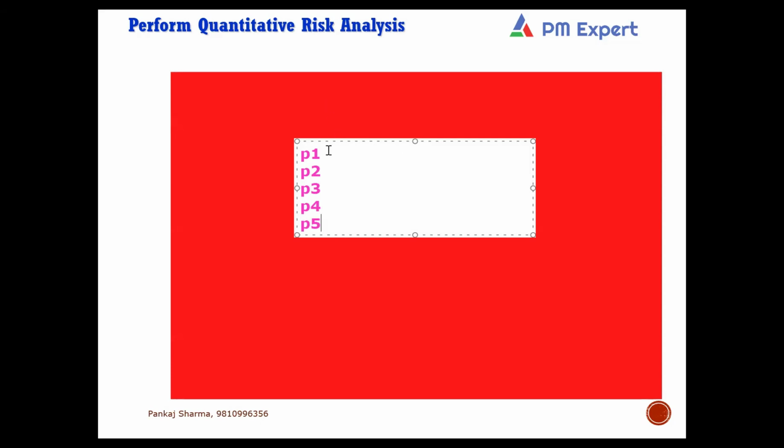And then they will also give their expected value, or profitability, or they can say NPV. Now this is 5. Let's say 5 million is NPV. This is, let's say, 4. This is, let's say, 6.